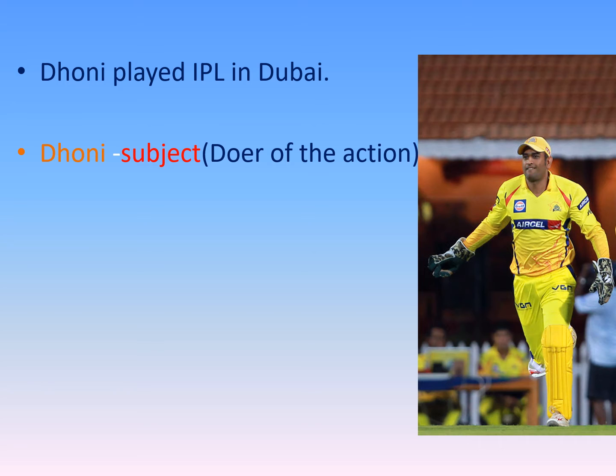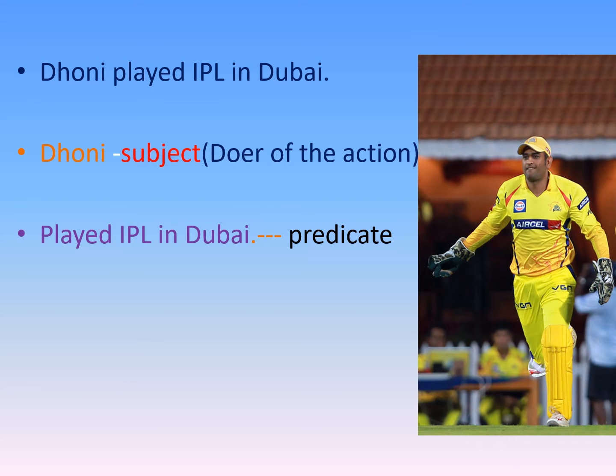So, here who did the action? Dhoni did the action. So, Dhoni is the subject of the sentence. What is the other part of the sentence? Played IPL in Dubai is the other part of the sentence. What do we call this other part of the sentence? We call this predicate. Played IPL in Dubai is a predicate.